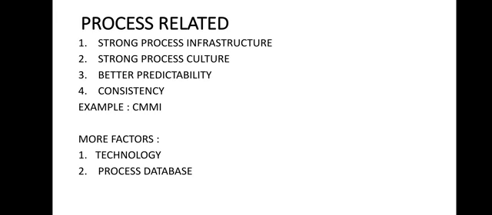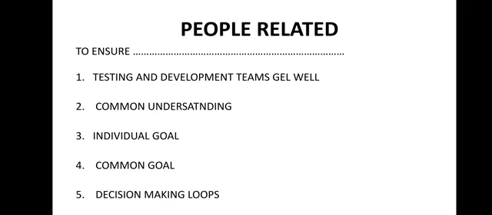Now we take the next thing into account, that is people related practices, which is very hard because managing people is a very tough task. It is a key to successful management that it should ensure that the testing and development teams are doing well.